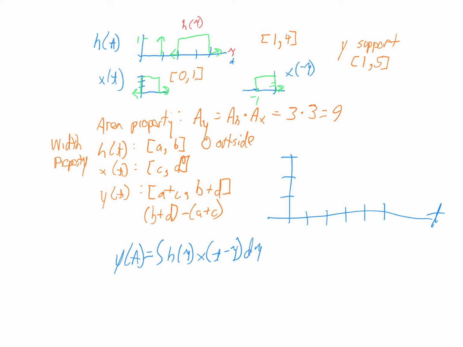And then I can think of dragging this x function to the right by t, and in the beginning it's back here from negative 1 to 0. So only when t gets up to 1 will it touch that impulse. So we can show that the output is 0 until time equals 1.